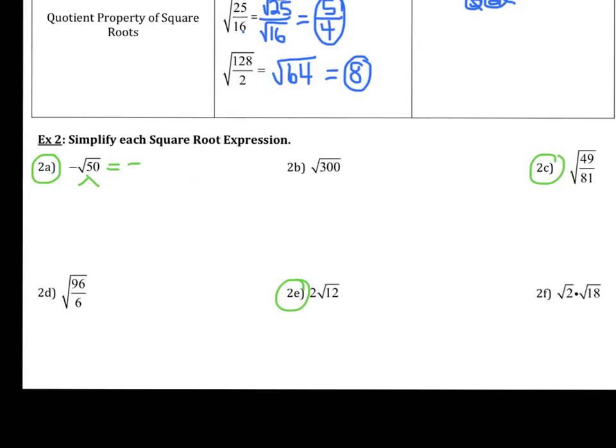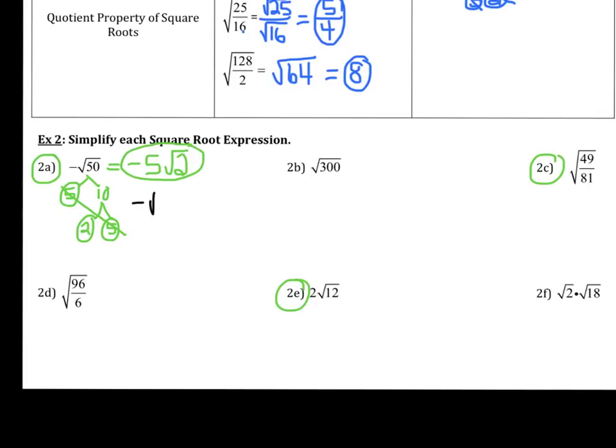I'm going to deal with the 50. I'm going to start by doing a factor tree. 5 times 10 is 50, and 2 times 5 is 10. So it looks like I have a pair of 5s that get out of jail, and I have a 2 that is stuck in jail. So negative 5 square root 2 is my final answer.